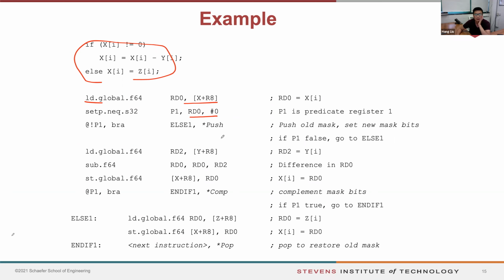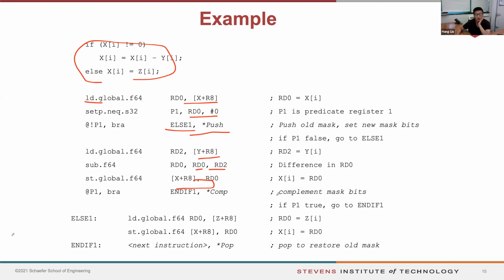Then we push the old mask and set new mask bits. If P1 is false, we go to else 1. Then we load y[i], perform the subtraction x[i] minus y[i], and store the result back to x[i].